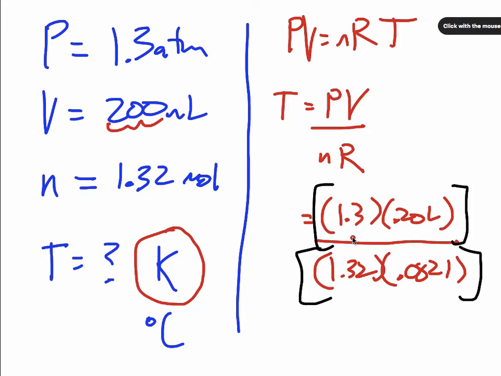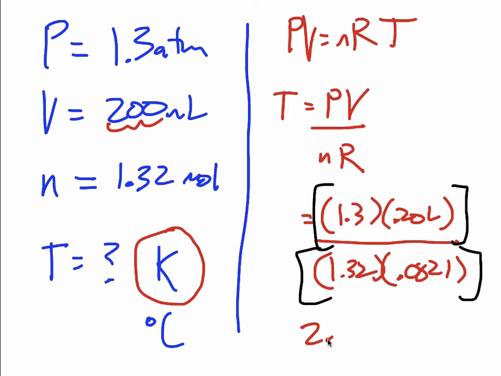So let's do it. 1.3 times 0.2, divided by the quantity 1.32 times 0.0821, end quantity, equals 2.3.